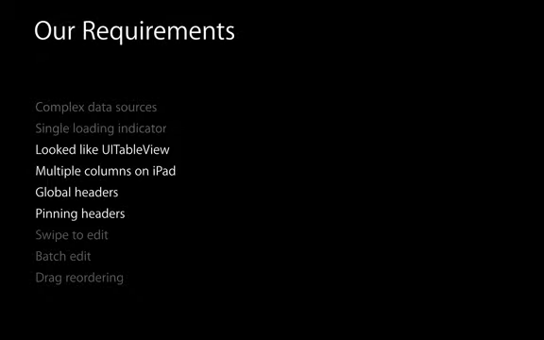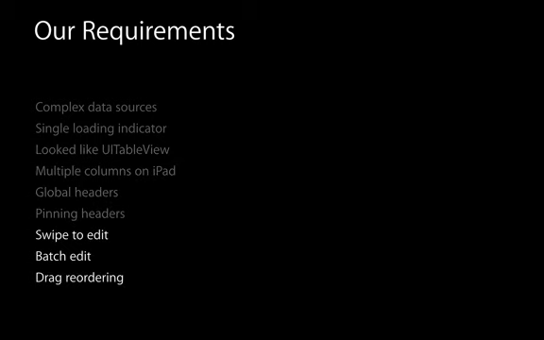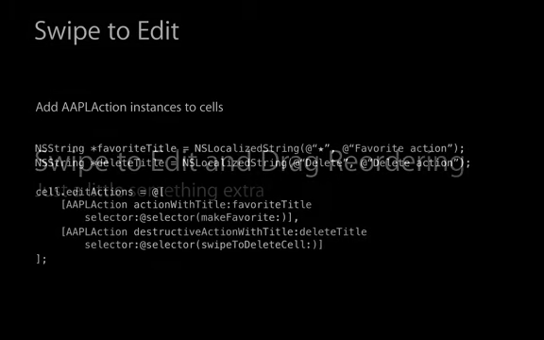So, middle 4 requirements, I think we did a pretty good job with that. The last 3, I thought were just going to be a little something extra that we'd add to the application. And they changed from being a little something extra when they started to take a little bit of time. So let's take a look at them.